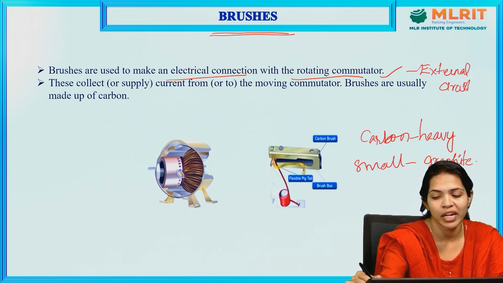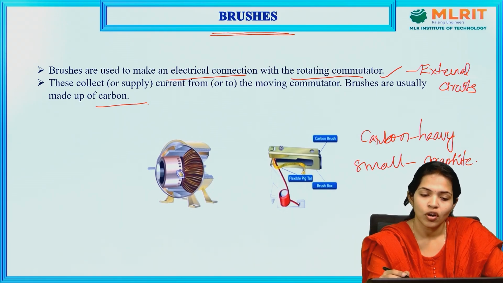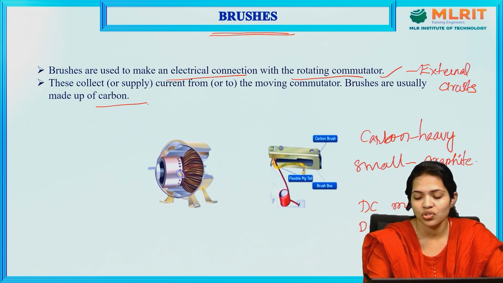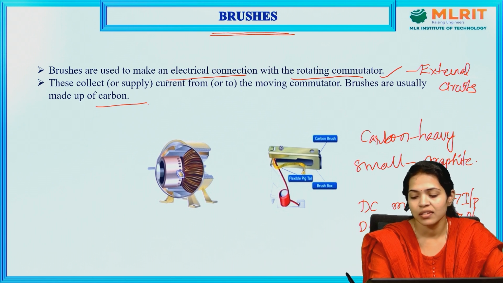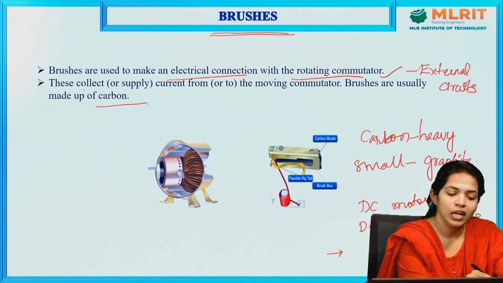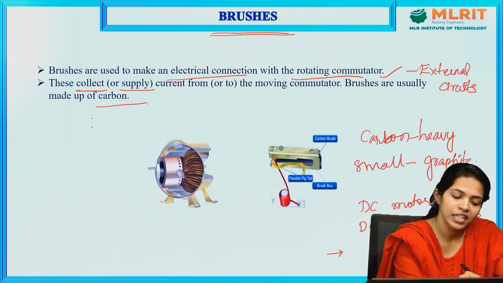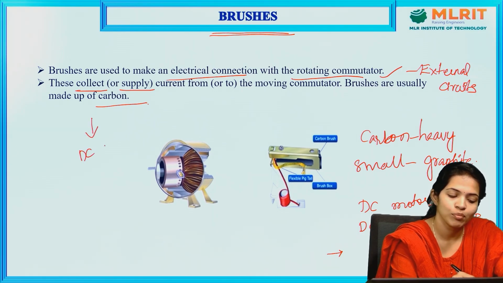Brushes are usually made up of carbon material. Based upon the function of a DC machine, whether the DC machine works as a motor or as a generator, and based upon the inputs and outputs of the terminals, these brushes can collect the current and at the same time supply the current, depending on whether it is functioning as a DC motor or a generator.